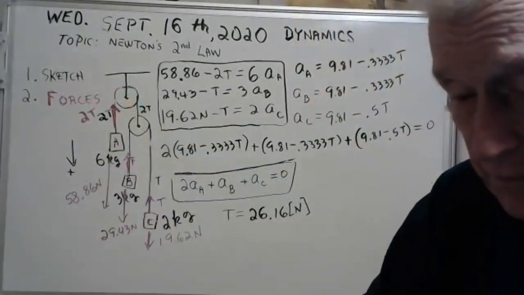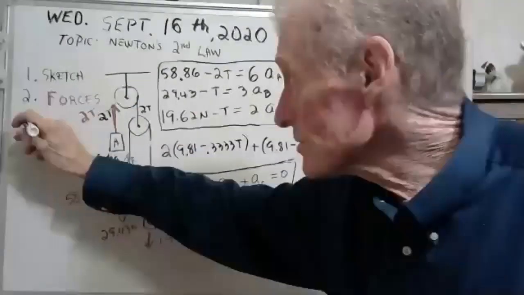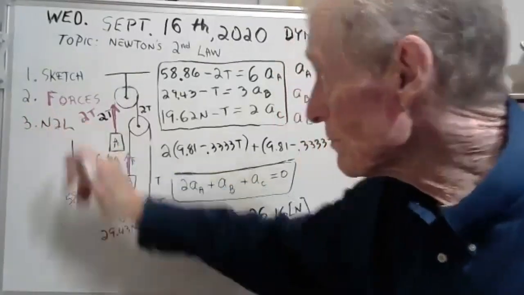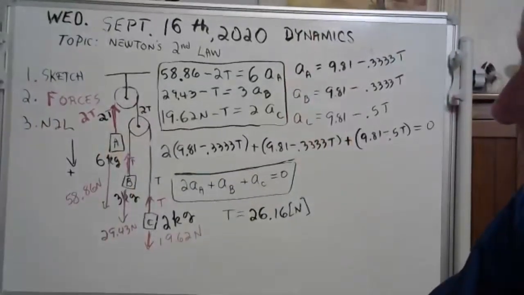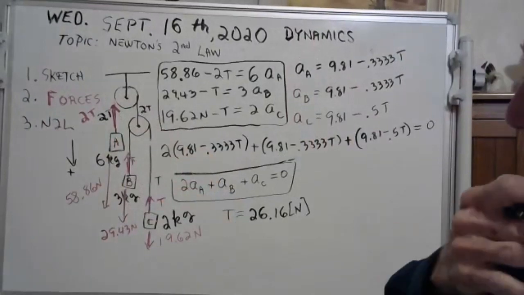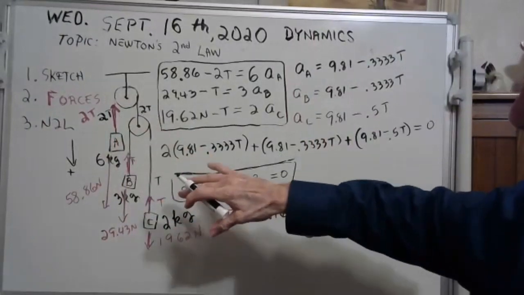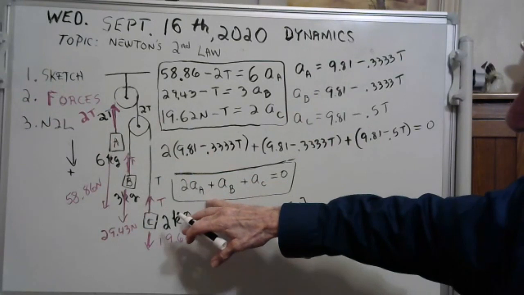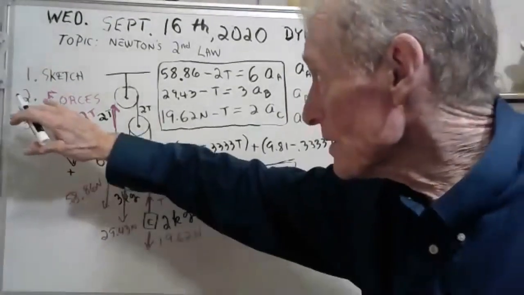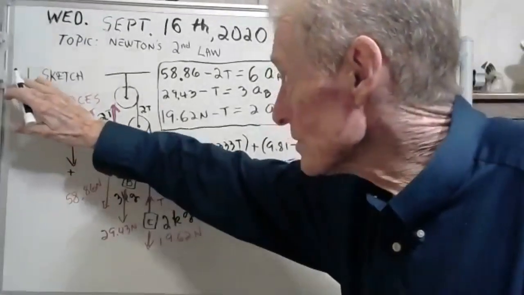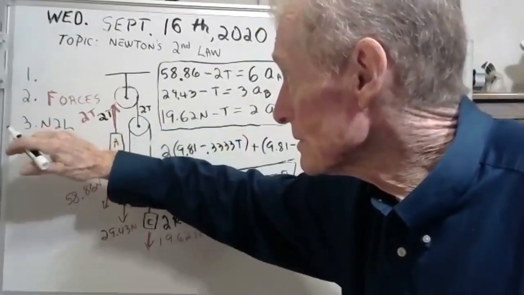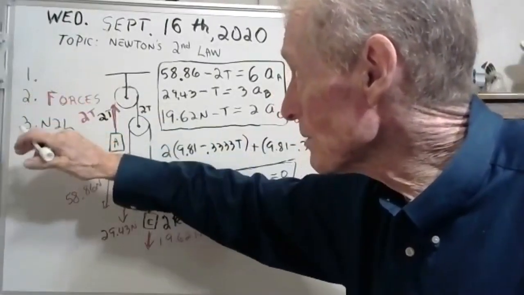Then you write your Newton's second law equations, right? Wait a minute, I'm screwing up here. The first step is the sketch. Well, what about the dependent motion equation?